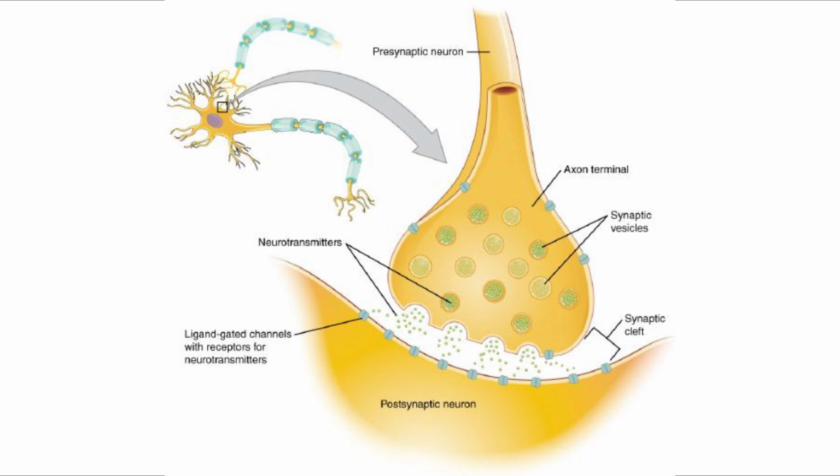And this makes the inside of the neuron slightly less negative, bringing it closer to the threshold needed to trigger an action potential.